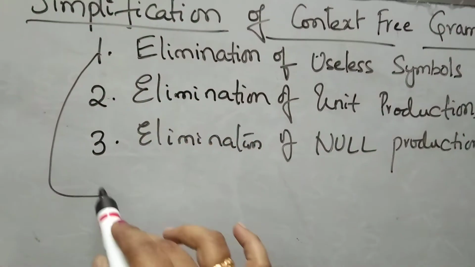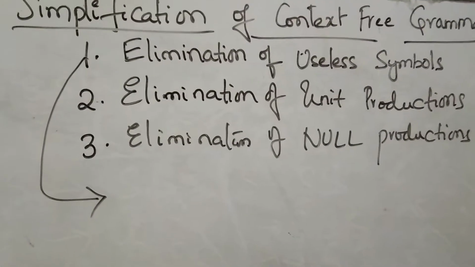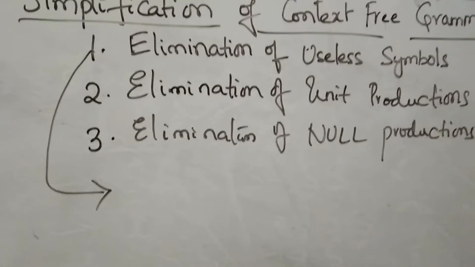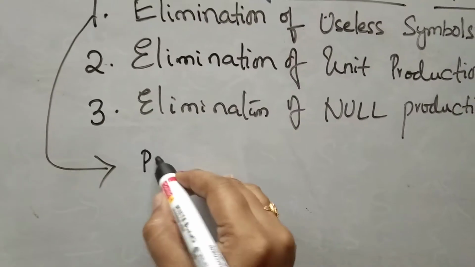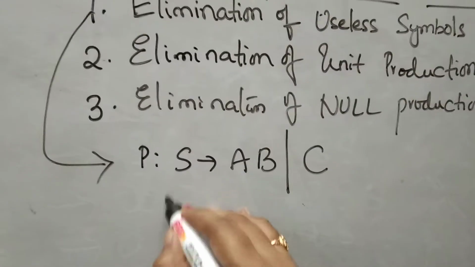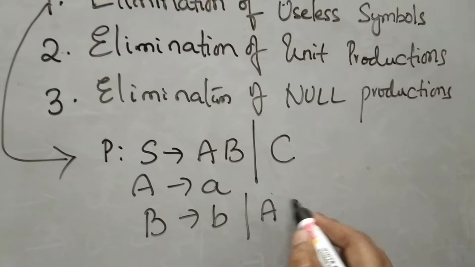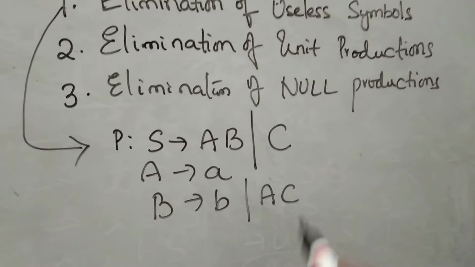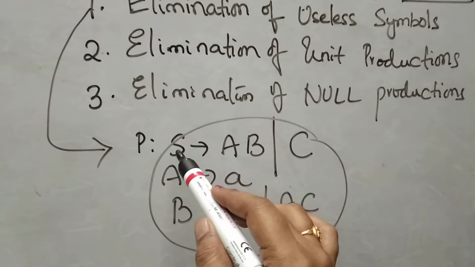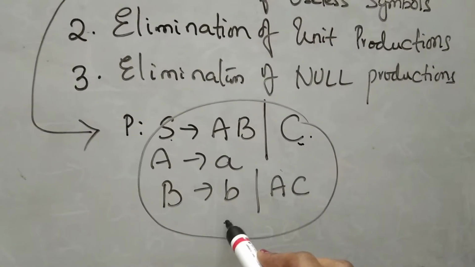In elimination of useless symbols, if a non-terminal is not useful to your grammar, then you can eliminate that production. For example, take the productions S tends to A, B or C, A tends to a, and B tends to b. When you take S tends to C, this C cannot be replaced with any terminal.